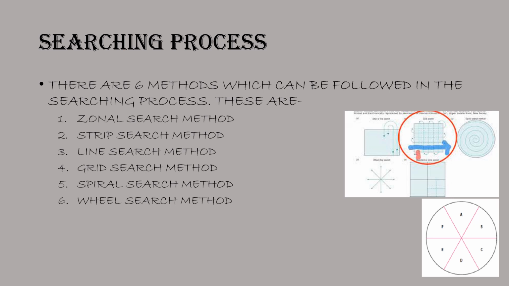Then strip search method. The search starts at the southeast corner of the area, and then the search goes on. Zonal search method. Here the crime scene is divided into many zones and then they are searched one by one.